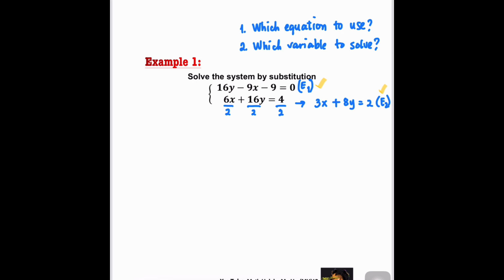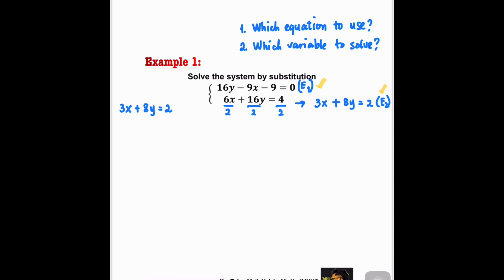So have you decided on which equation to choose? By observation, I could see that the second equation is easier. Why? Because the numbers are smaller: you have 3, you have 8, and 2. So let's use the second equation. Let me rewrite it here. Since we picked the second equation, we need to decide which variable to solve for.